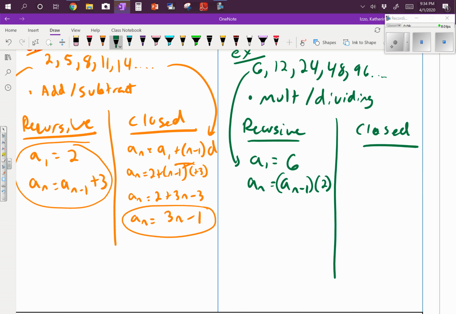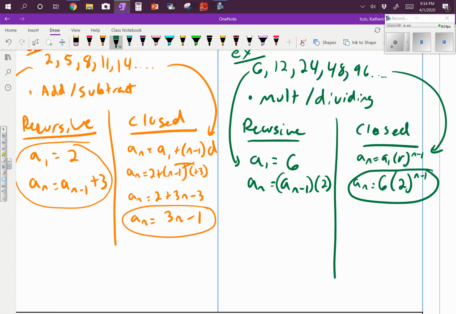For the closed form, it's a_n equals a1 times r to the n minus 1, exactly like our homework that we just went over. So a_n would equal, if we're using this one, 6 times 2 to the n minus 1. And for this one, you're done. So that would be the recursive formula, and that would be the closed formula for that pattern.